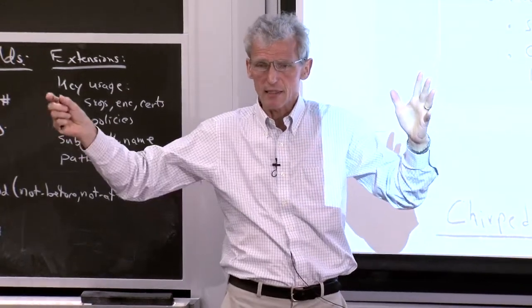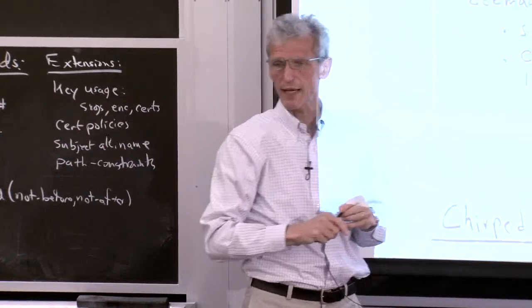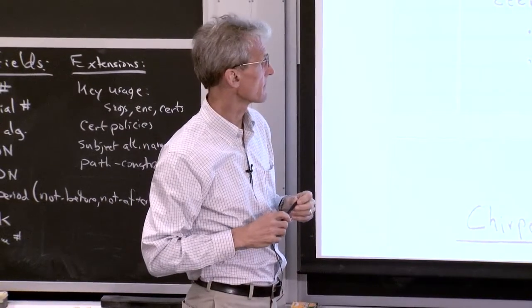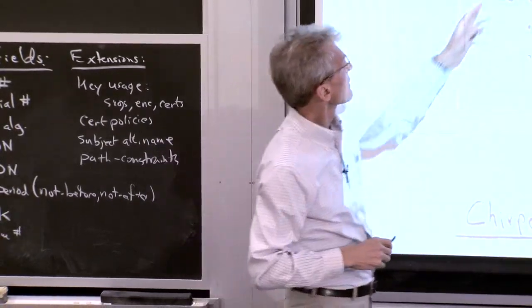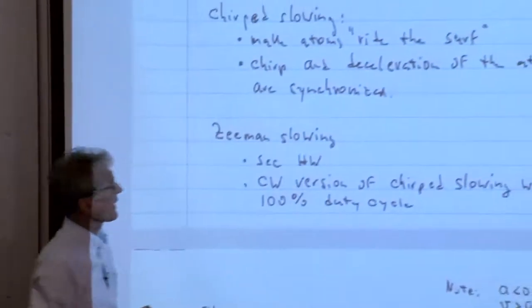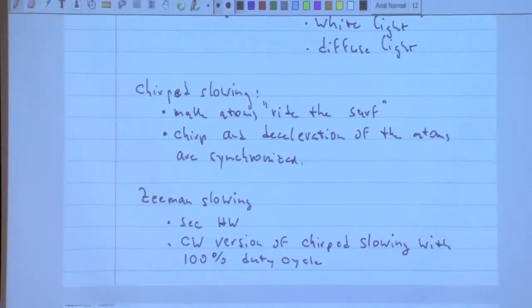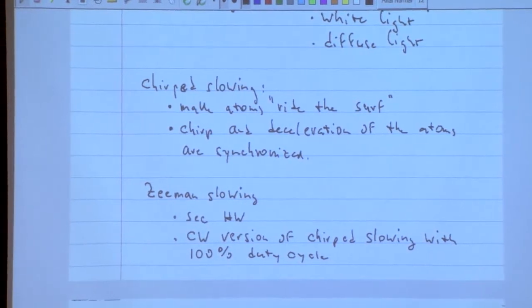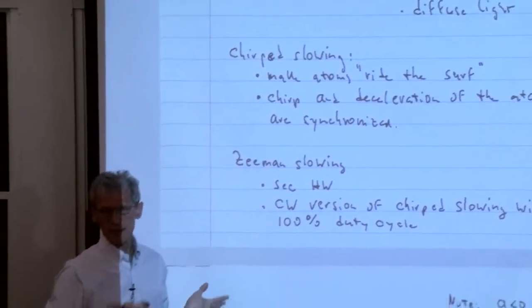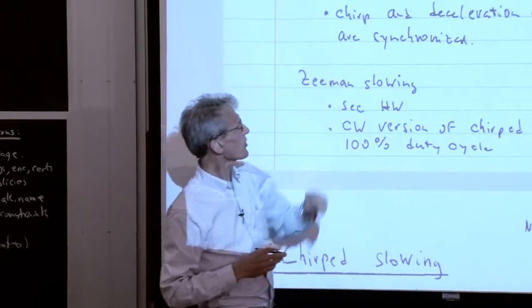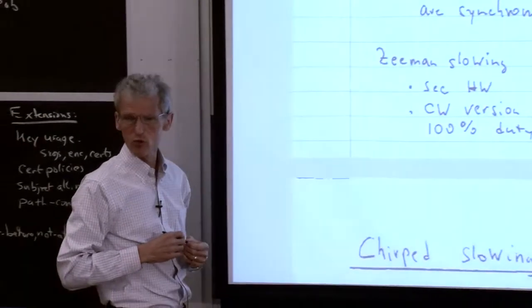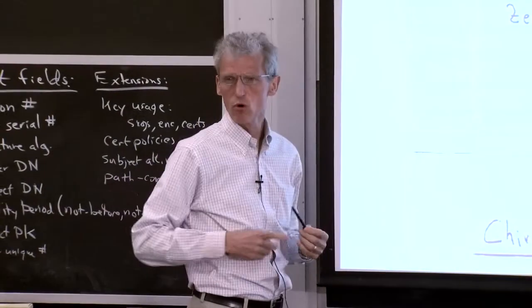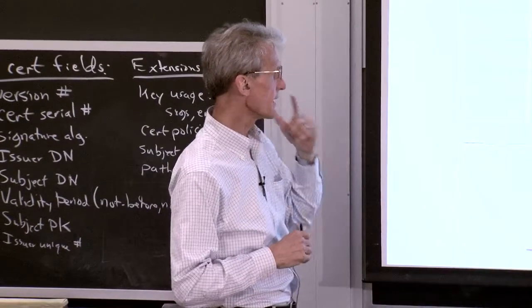And the laser is following a group of atoms as they are decelerated. So you can say it is like the atoms are riding the surf. The laser is always following the atoms as they change their velocity. And what is, of course, necessary for that to happen is that the chirp and the deceleration of the atoms are synchronized. You will see that in a moment when I put this idea into equations.